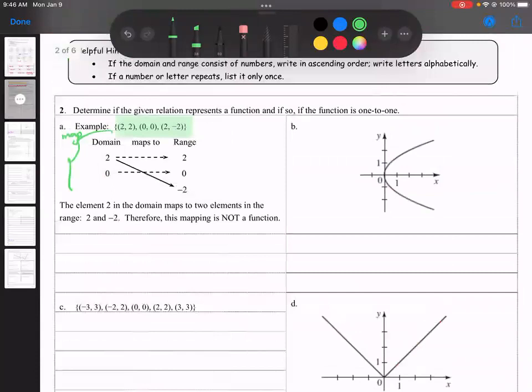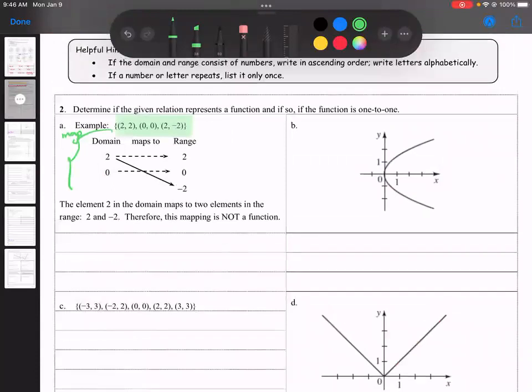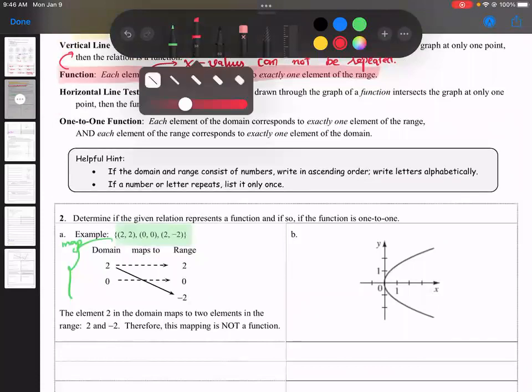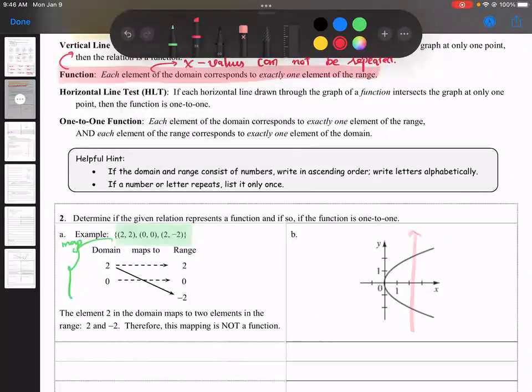So you can draw a line, a vertical line. Maybe I'll use red. And you can see that it intersects the function twice. So no, not a function. Is it a relation? No, I'm not one-to-one yet.